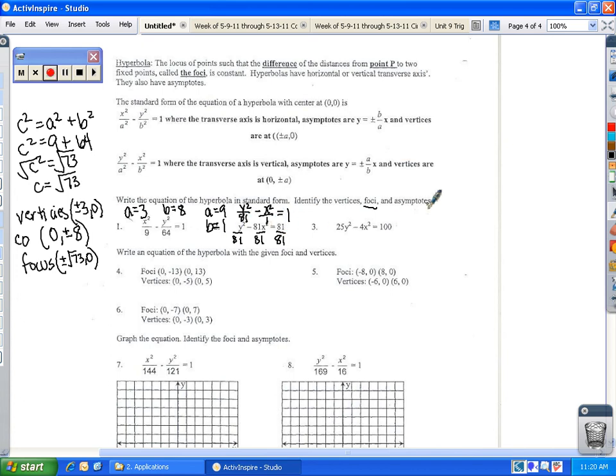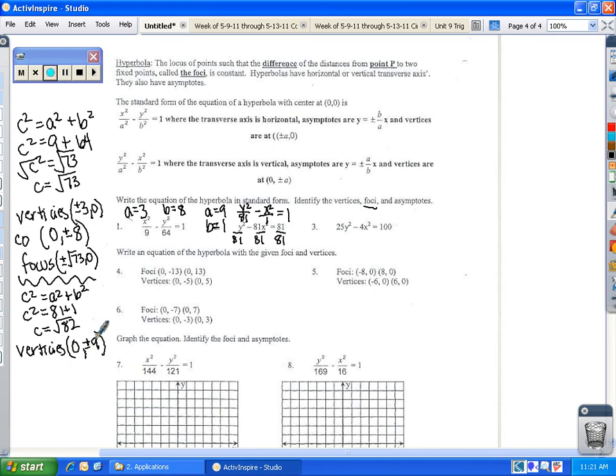Alright, so now to identify my c value, I'm going to plug them into c squared equals a squared plus b squared again. So c squared equals 81 plus 1, so c equals the square root of 82. Now for my vertices, they are associated with the y, so it's going to be 0, plus or minus 9.